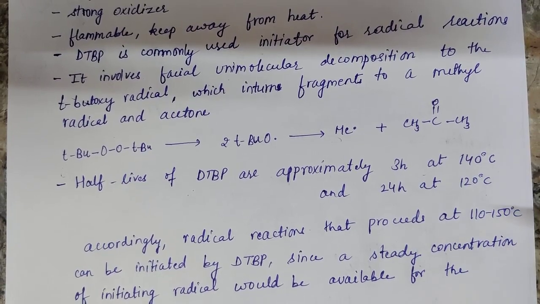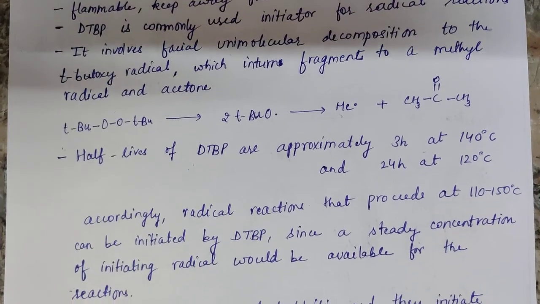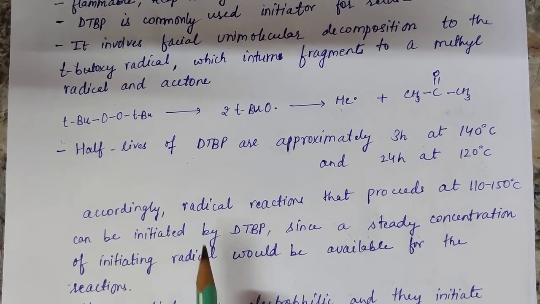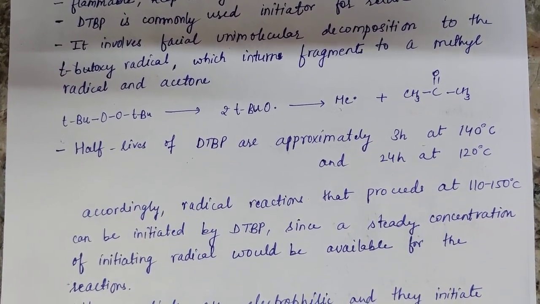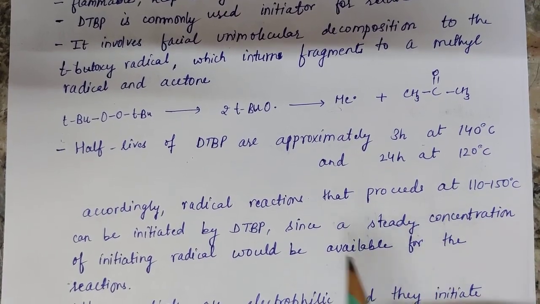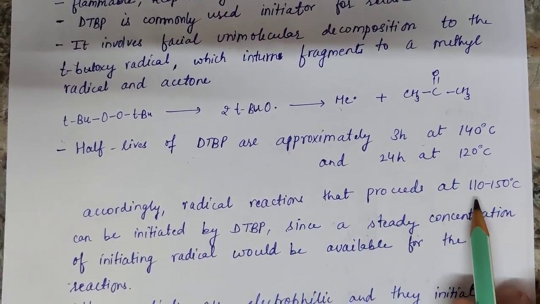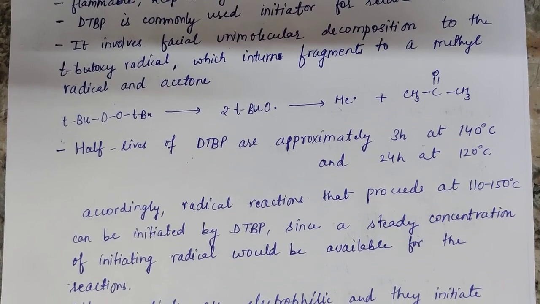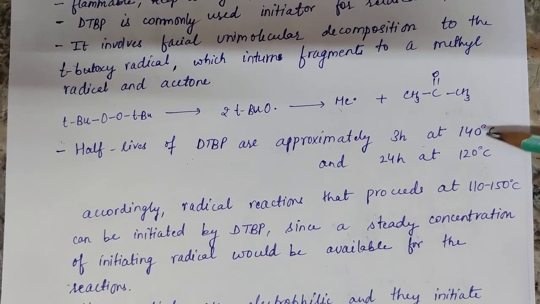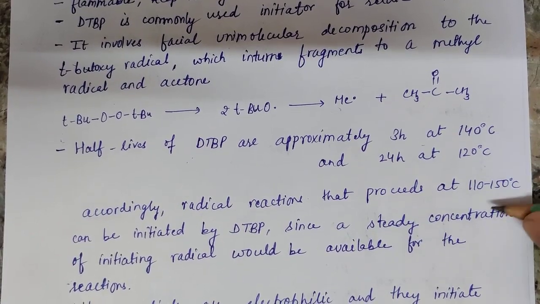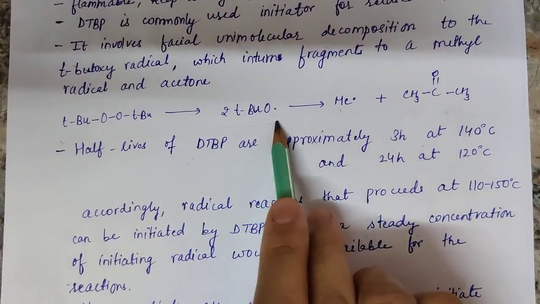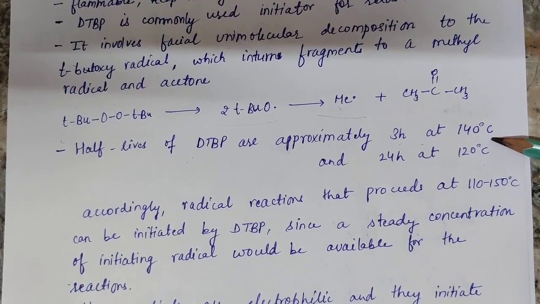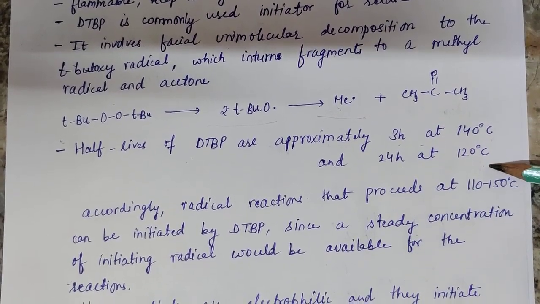So according to the requirement of our reaction, at what pace we want to proceed, the oxidizing reagent can be used for those reactions which proceed at a temperature range of 110 to 150, because only during this range we will be getting a steady concentration of our initiating radical, available for this much time at 140 degrees Celsius and 24 hours at 120 degrees Celsius.